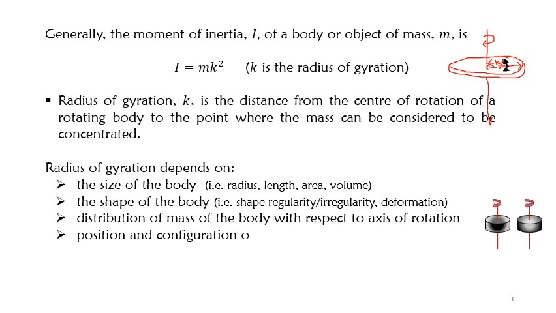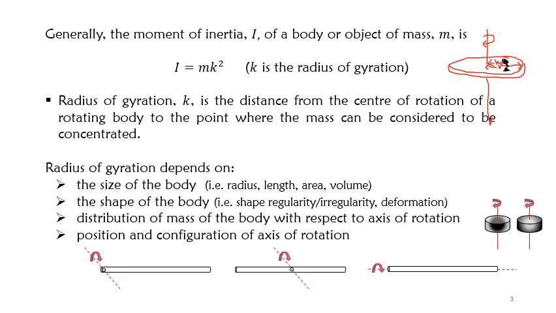Then the position and configuration of the axis of rotation will also affect radius of gyration. I think we explained that earlier, so give some emphasis on that. You can see that I have a rod, but the same length. Look at it. From the far left, the center image, and the one at the right, they have the same length.